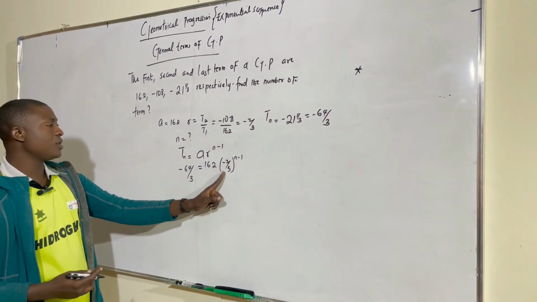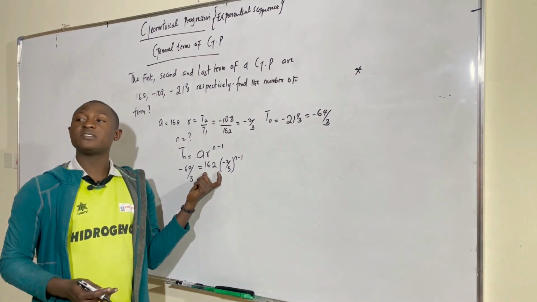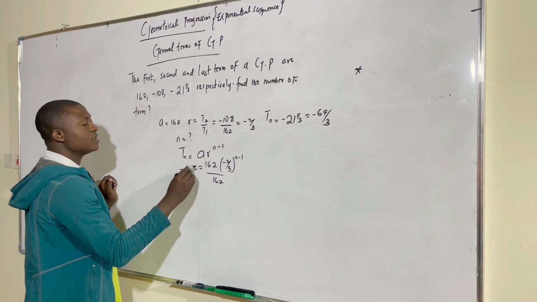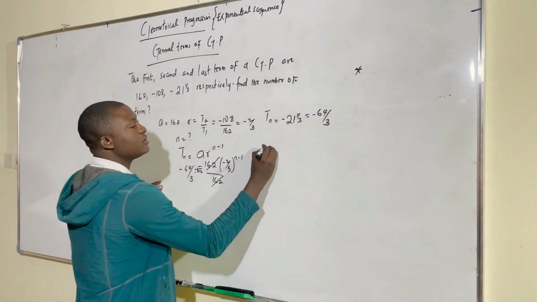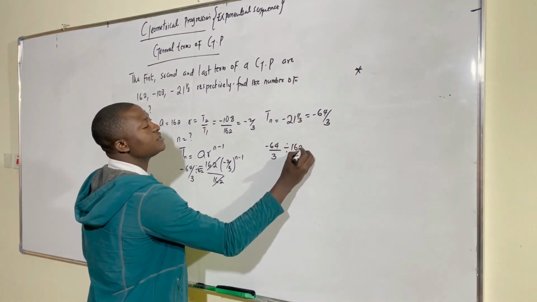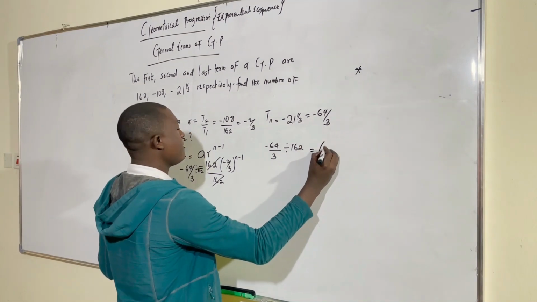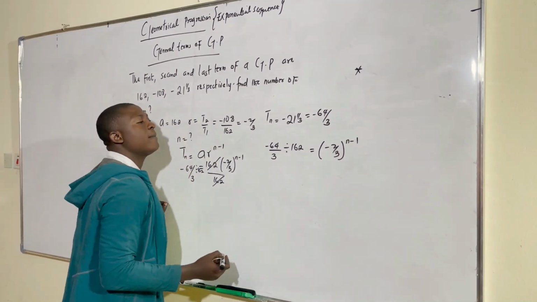Since I'm looking for n, I can firstly divide all through by 162 so that I can reduce this term. So I have minus 64 over 3 divided by 162 is equal to minus 2 over 3 raised to the power n minus 1.